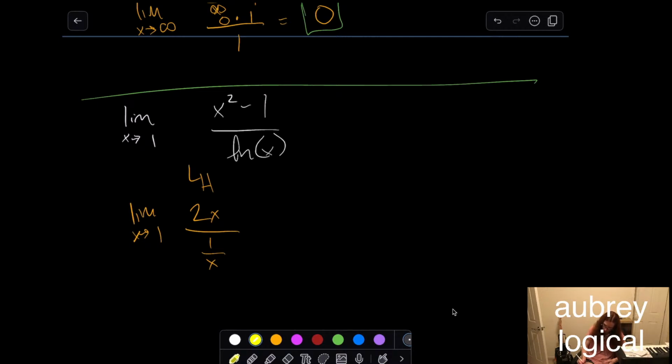Well, no, just kidding. I forgot the limit was 1. The x is approaching 1, not 0. So we can just plug it in. 2 times 1 is 2 over 1. So 2 is the answer.